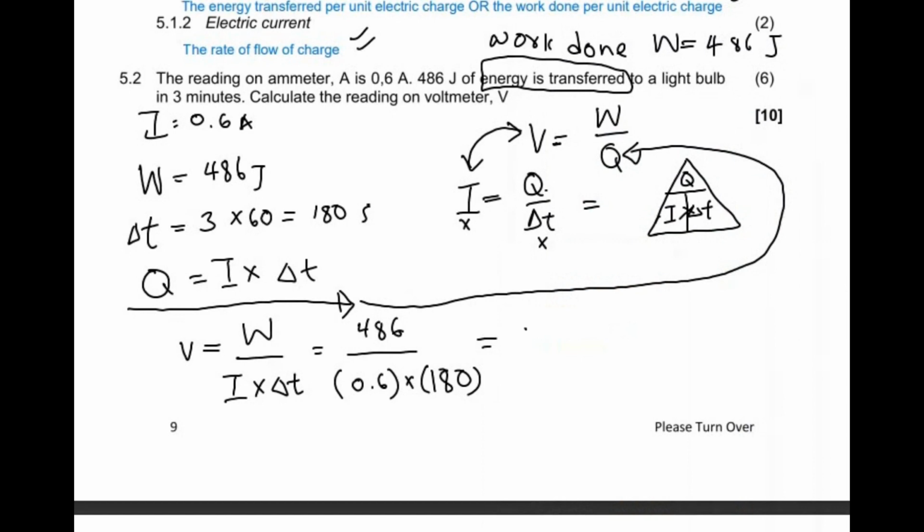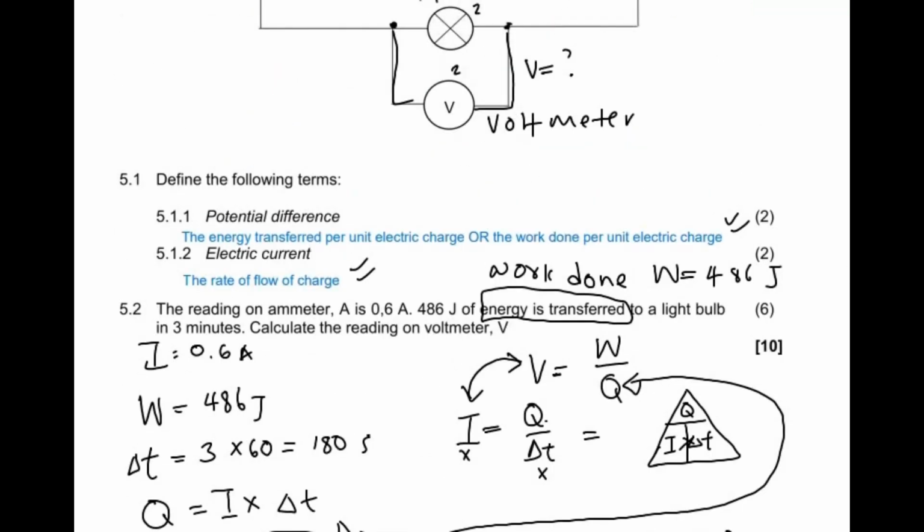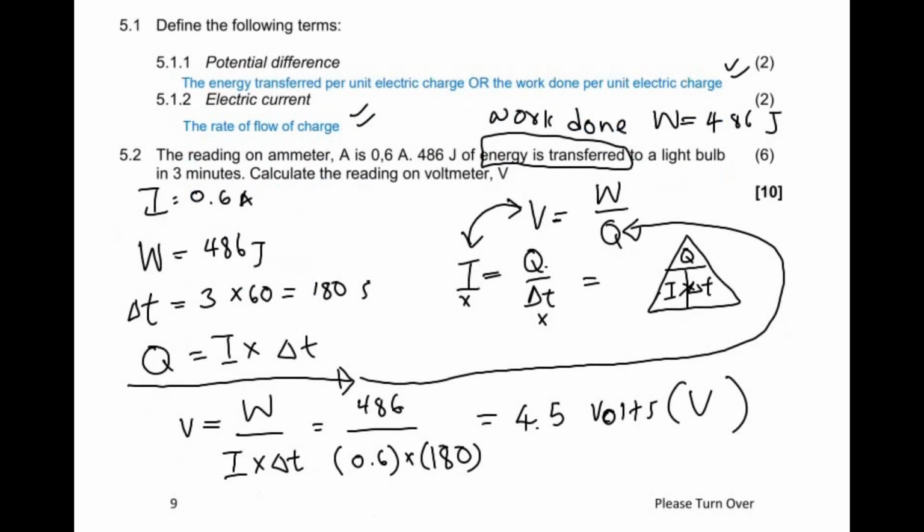So that is 4.5 volts. You don't need to write it in full, you can just write 4.5 V. This means that the potential difference across this light bulb is 4.5 volts. The question is 6 marks. It tells you from scratch that you're going to have to do a lot of work.